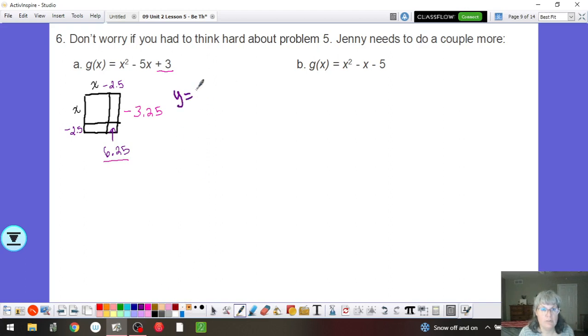Y equals x minus 2.5 squared minus 3.25. So the vertex is going to be 2.5 to the right, so that's positive 2.5, down 3.25, so negative 3.25.